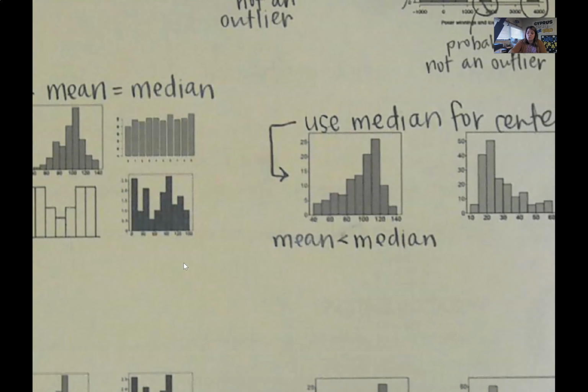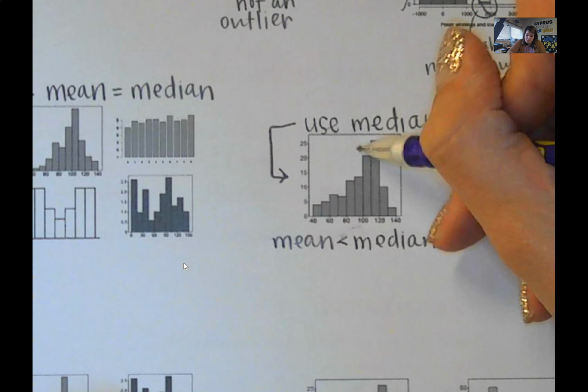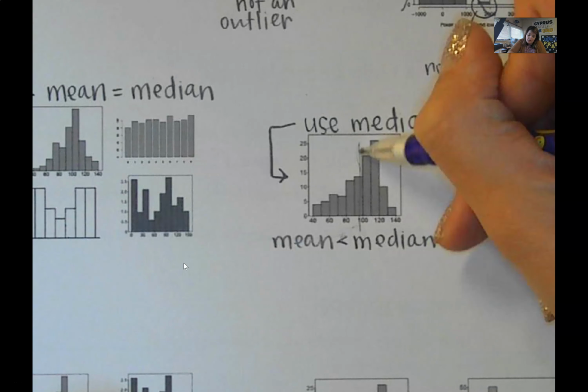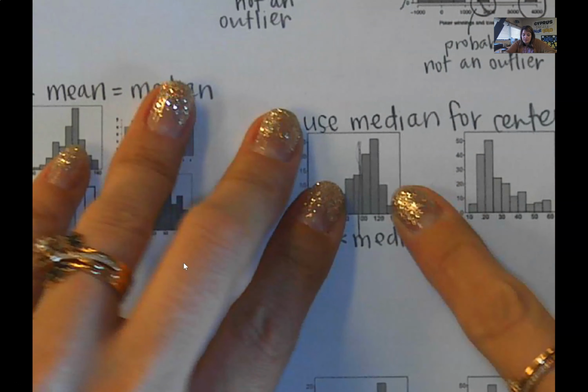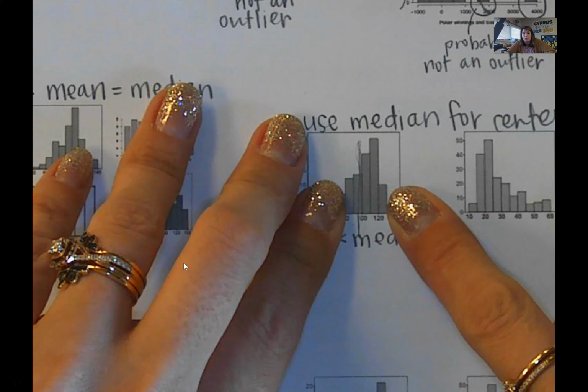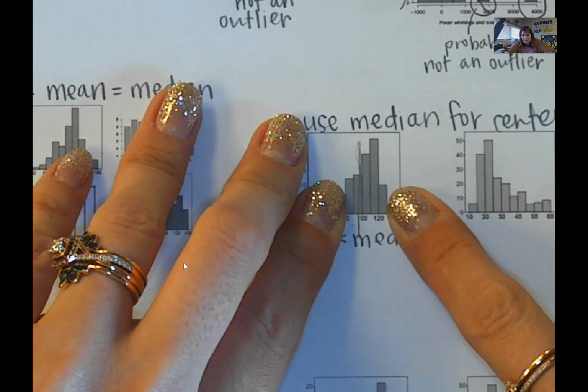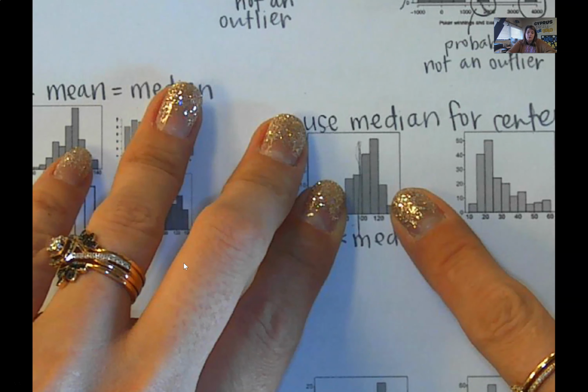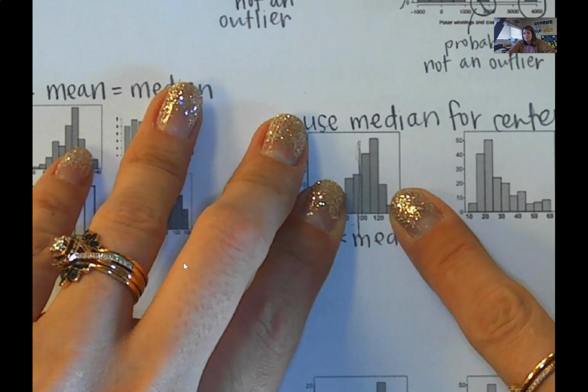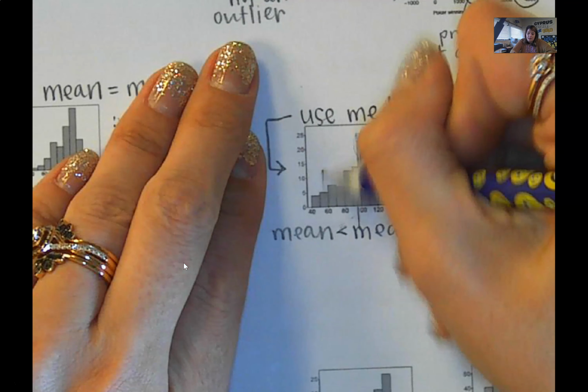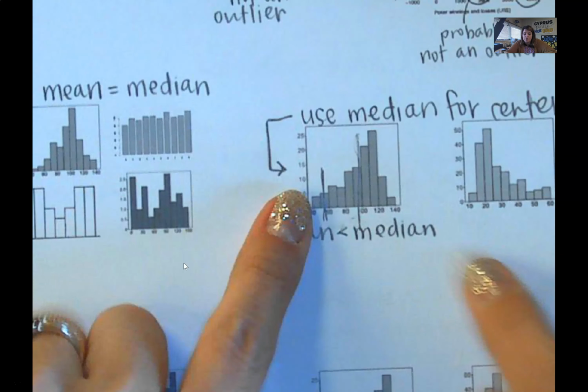So this is why we use the median, because the median is going to be about right here. And notice that is closer to where most of your data is. Whereas the mean might be all the way out here because these observations are dragging it toward the left.